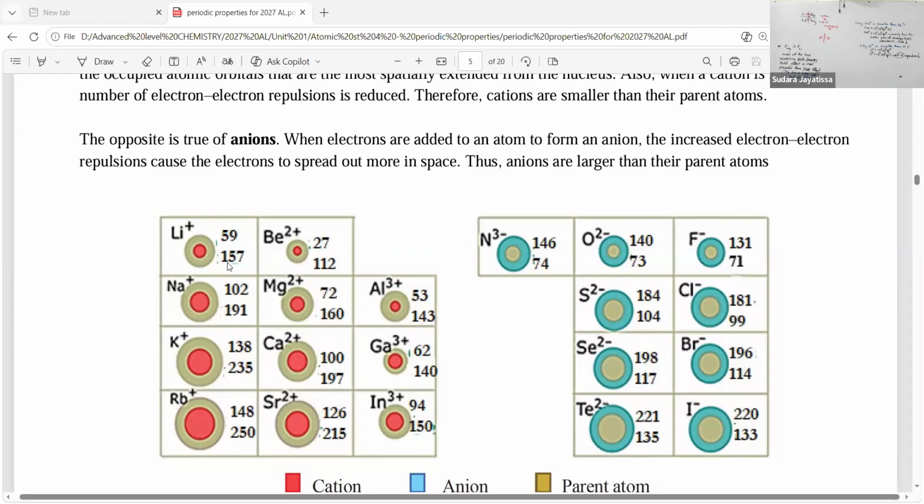Then potassium, calcium, rubidium, strontium, again it is breaking. No, it is holding. 148, 126, 138. Ah, no, it's again breaking. If you compare in S block, only that rule holds up to the first four.